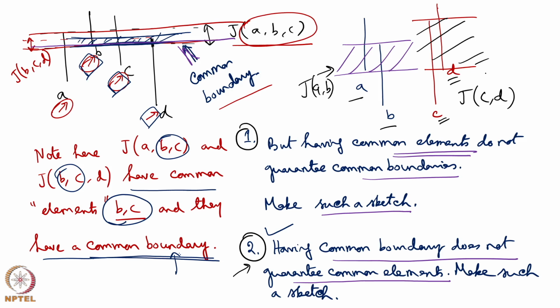J C,D is shown over there, and A,B and C,D do not have any common element, but at the same time one of the boundaries of J A,B and J C,D is the same, which is this boundary. So, this common boundary does not guarantee that between this J and that J common elements will be found. Again, this is a very common sense thing, but just putting some symbols, this has also been explained.